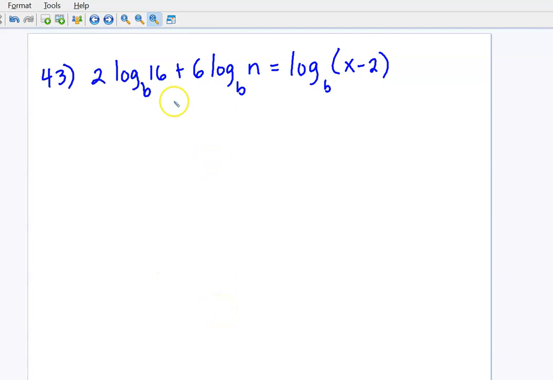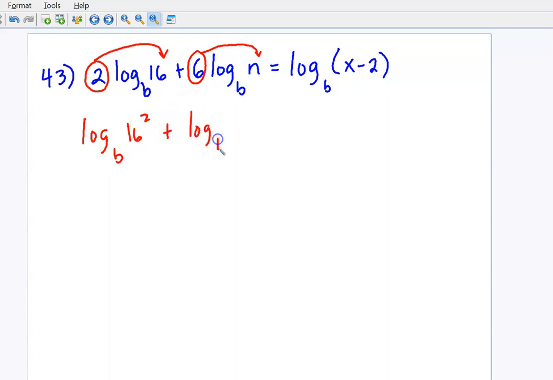All right, here's another one. Before I can put these together, these factors like 2 and 6 need to be moved. They need to become exponents. So log base b of 16 squared plus log base b of n to the 6th equals log base b of x minus 2.